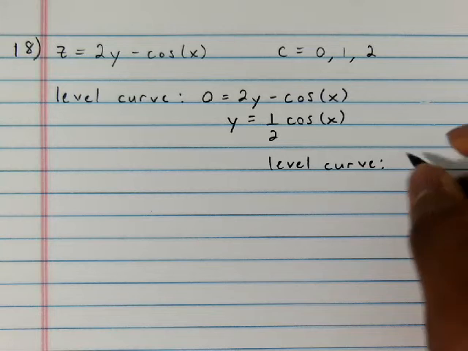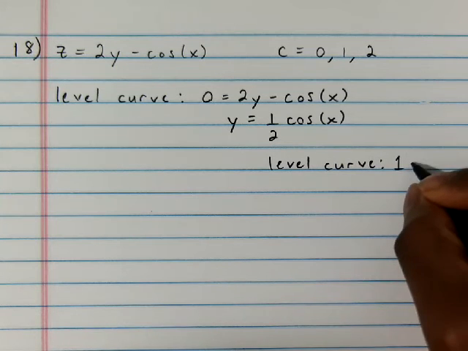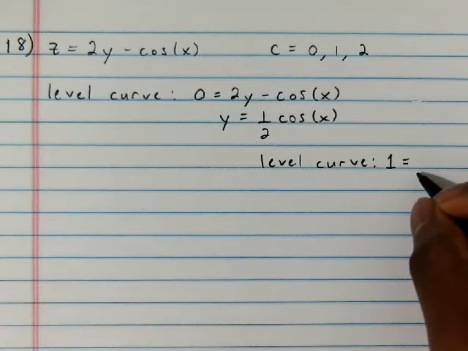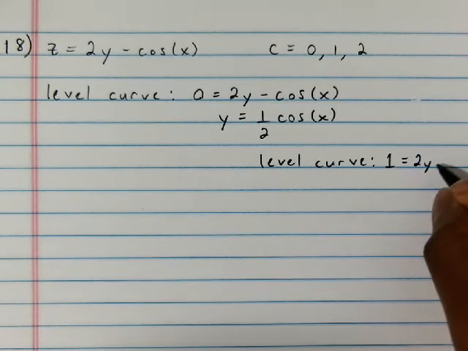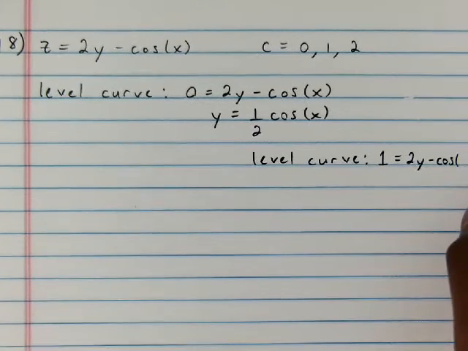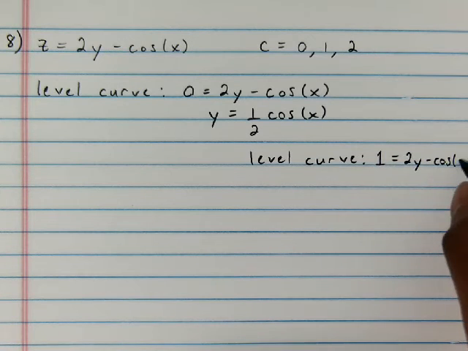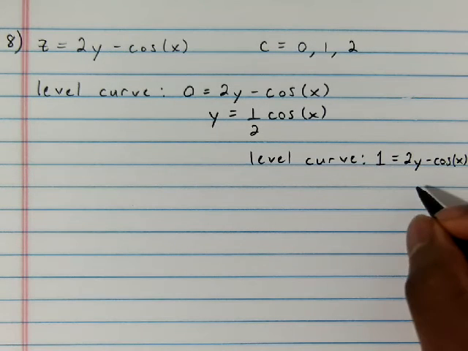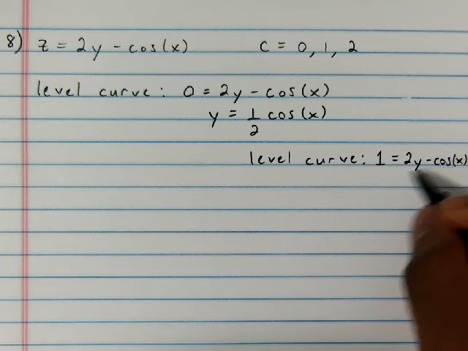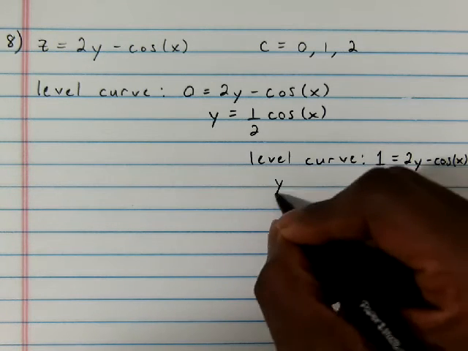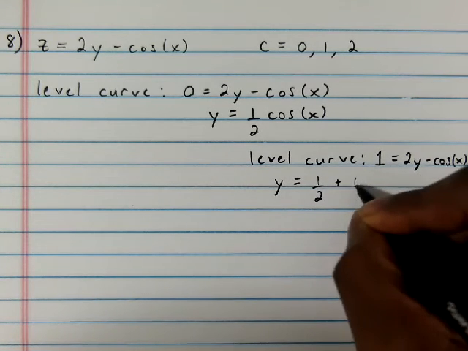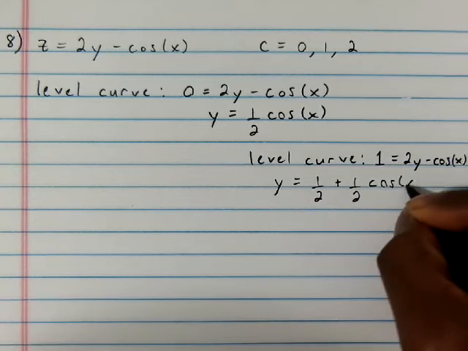is 1 equals 2y minus cosine of x. Sorry about that. I want to leave space for my graph. So here, if we solve for this, we get 2y equals 1 plus cosine of x, so y equals 1/2 plus 1/2 cosine of x.